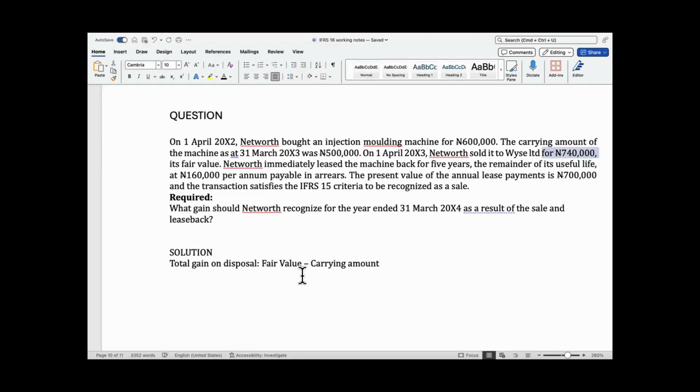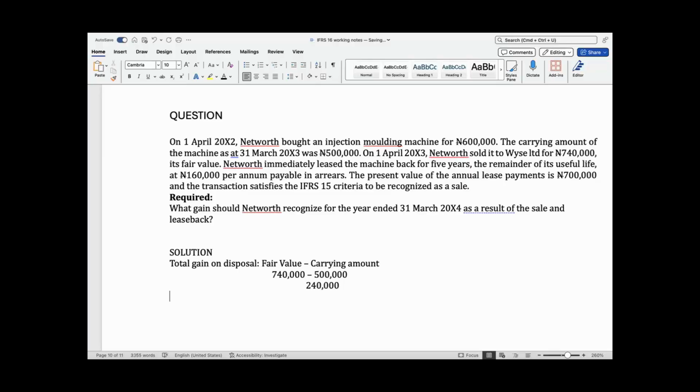He sold it for 740. How was the book value of these assets? That's 500. The difference is the total gain.